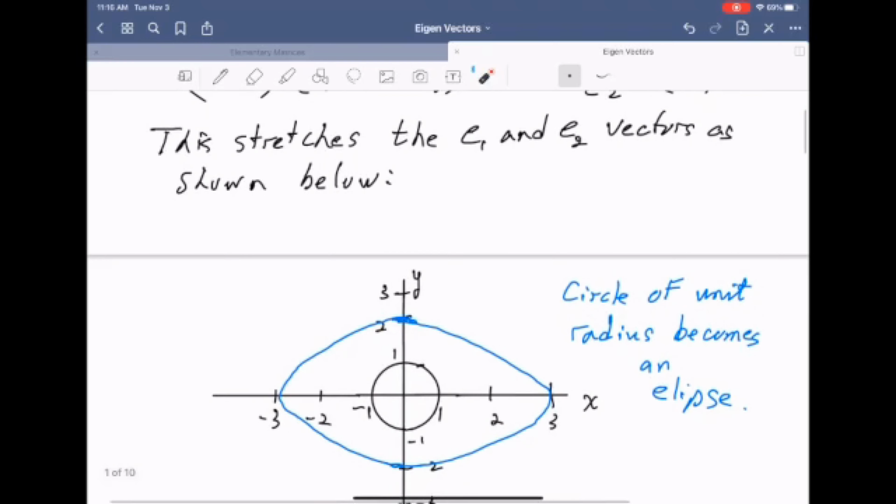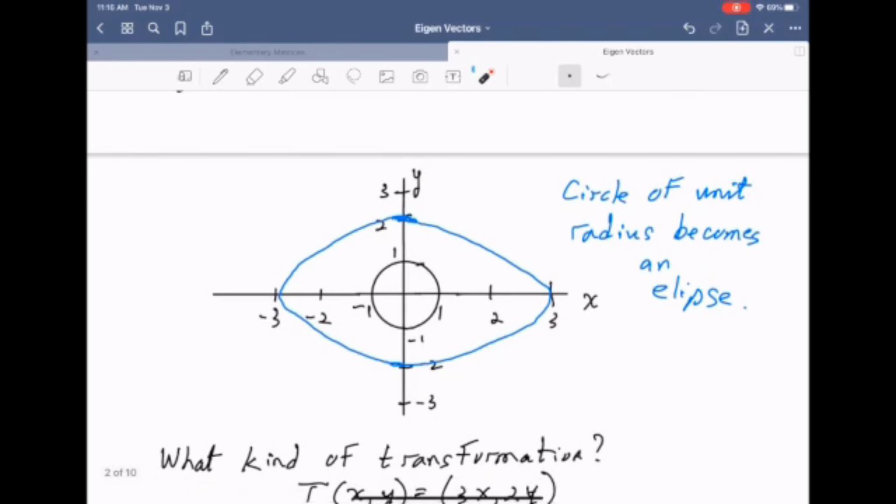Notice that this is our normal basis, so we have a vector E1 and a vector E2.